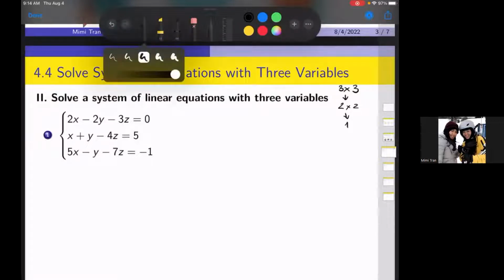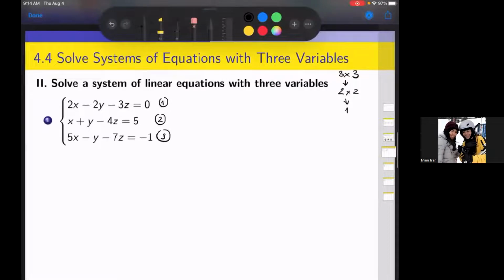So first things first, I'm going to pick 2 equations randomly and try to eliminate y. I'm going to pick say 1 and 2. I'm going to label this 1, 2, and the equation 3. So I need to eliminate y.